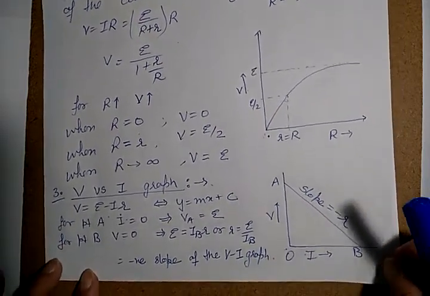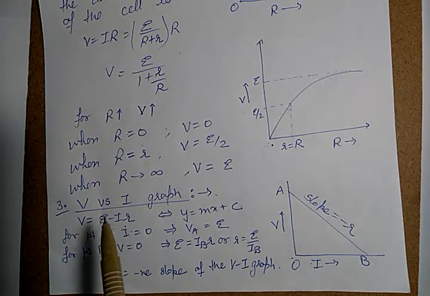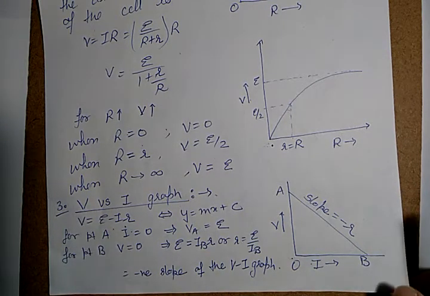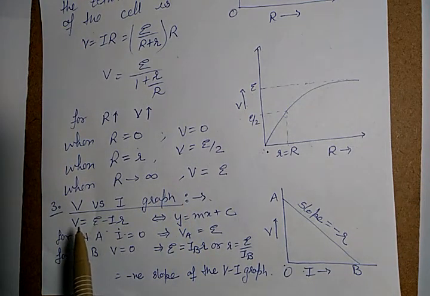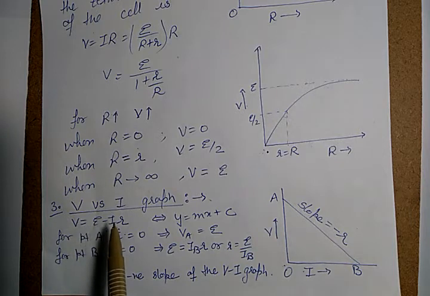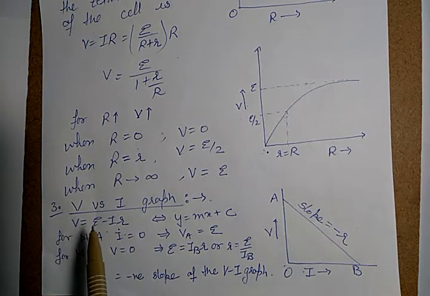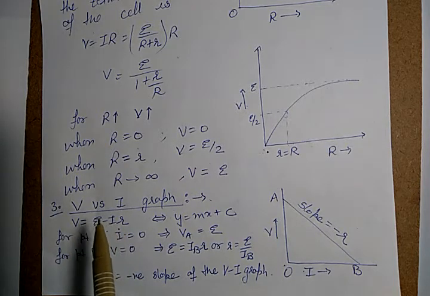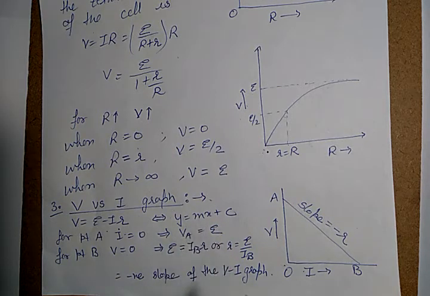Now let us move to the third observation, when we are plotting a graph between the terminal potential difference and the current flowing through the conductor. As we know, we have a relation that V equals E minus Ir, or we can write it as V equals minus Ir plus E. Now let us compare this equation with the equation of a straight line.